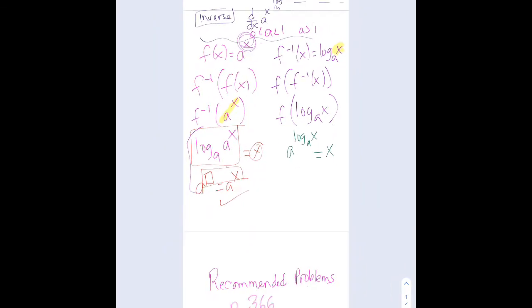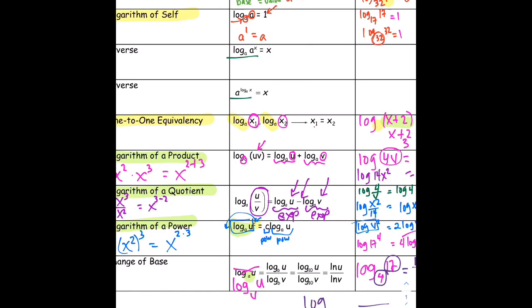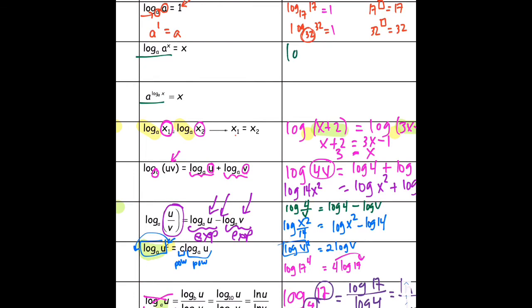So that is what these two things are saying. Log base a of a to the x is x, and a to the log base a of x equals x. So if I have log base 3 of 3 to the x, that's x. And if I have, and this is what I think is the harder sell, 3 to the log base 3 of x, that is also x.